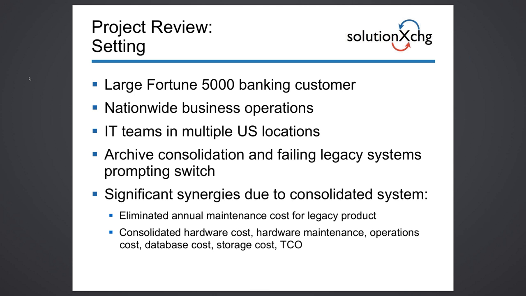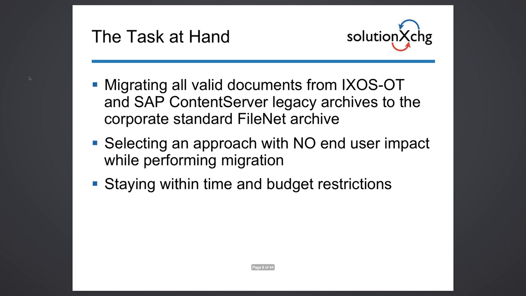Significant synergies were supposed to be gained out of the consolidation of the two systems into one new system, eliminating dual annual maintenance costs for the legacy product, consolidating hardware cost, hardware maintenance, operations cost, database cost, storage cost. The overall total cost of ownership for these SAP archiving solutions was supposed to go down.